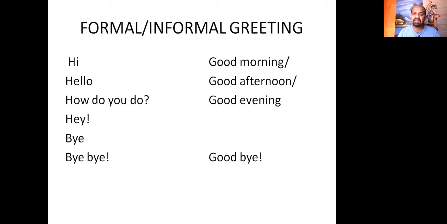If you are meeting somebody in the morning in a formal situation, you have to say good morning. If in the afternoon, good afternoon. If in the evening, good evening. These are the formal expressions for a formal situation. You can't say bye-bye in a formal situation. You have to say goodbye while you are taking leave.